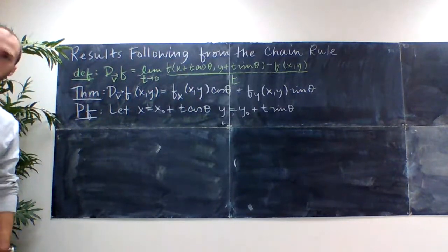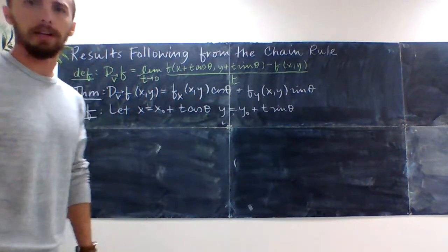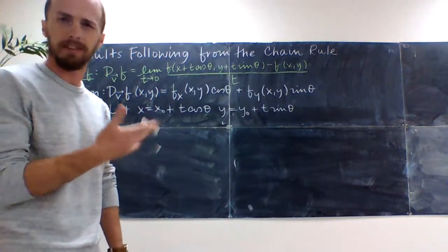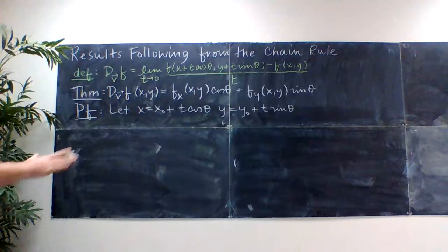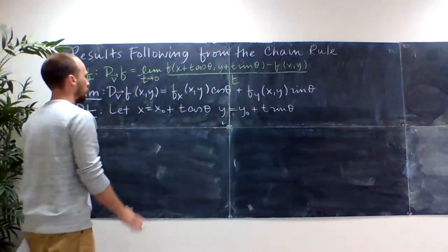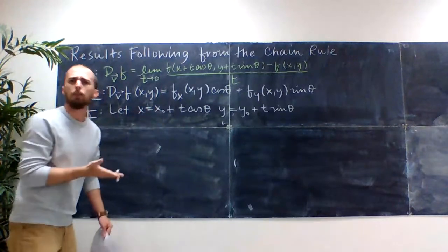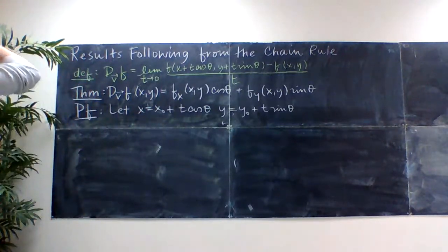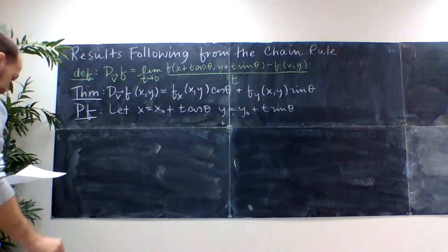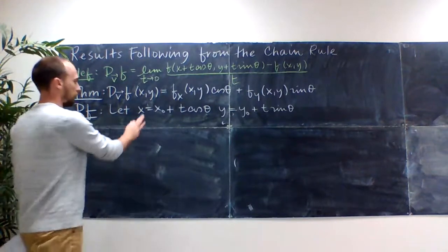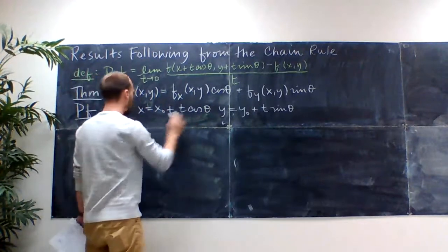I drew the picture in the last video about why I would be interested in x0 plus t cosine theta and y0 plus t sine theta. This is basically just the x and y being along some line in some direction. And I'm going to point out that this is a function of t, x of t and y of t.